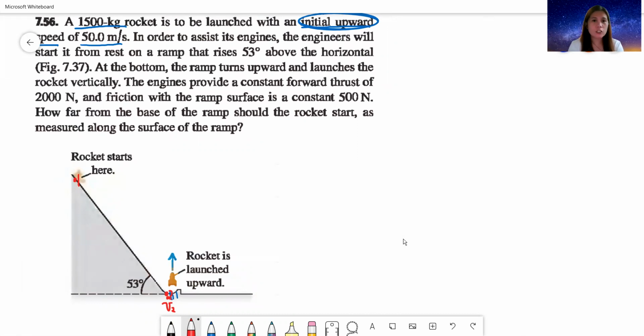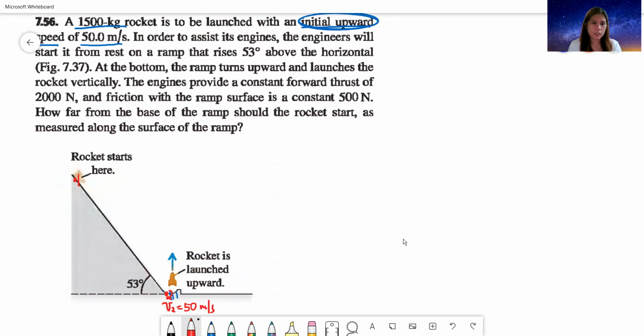But when it's launched vertically, then that 50 meters per second becomes the initial speed when it's already launched vertically. Okay, but we will not go into that part of the problem. Ang concern lang natin is while it's moving from the top of the ramp down to the bottom of the ramp. So our V2 here will be 50 meters per second.